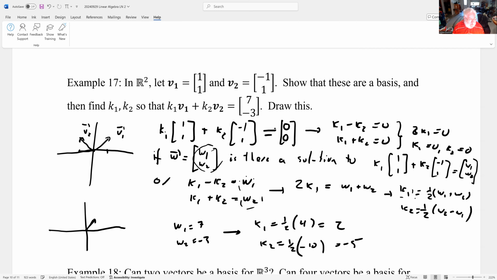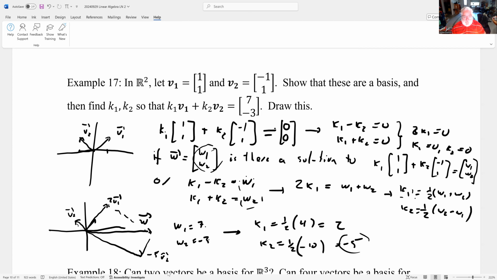If we go 2V1, and then we go minus 5 V2, V2 is like that. So minus 5 of that would be kind of long. We add those two vectors together. We get our vector W, which is (7, -3).